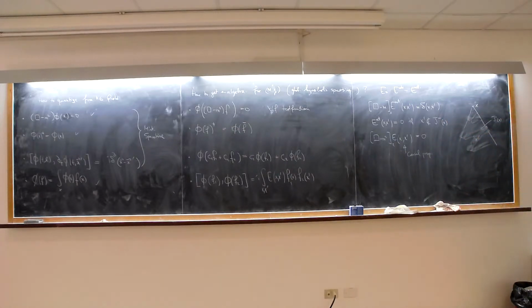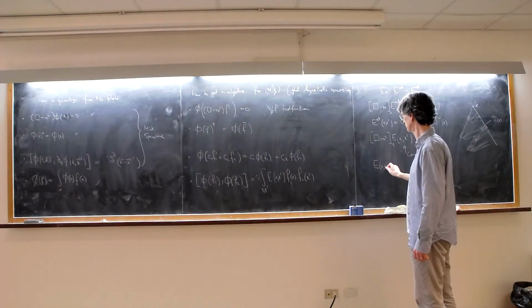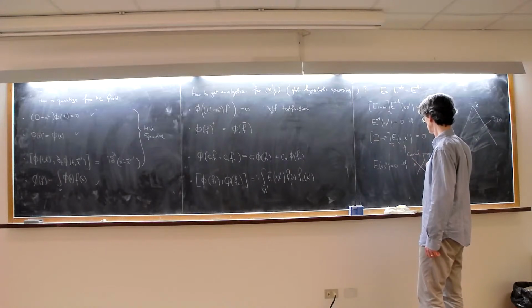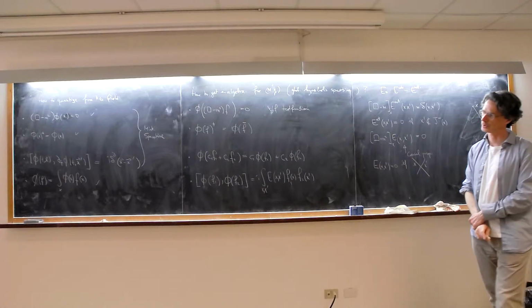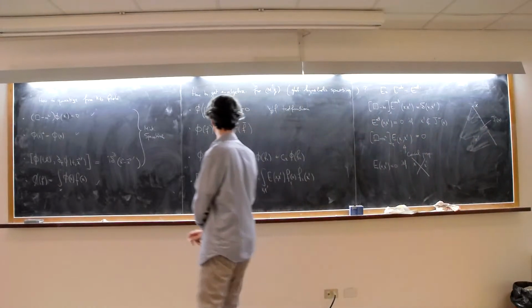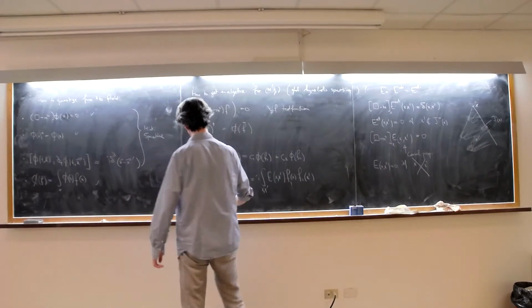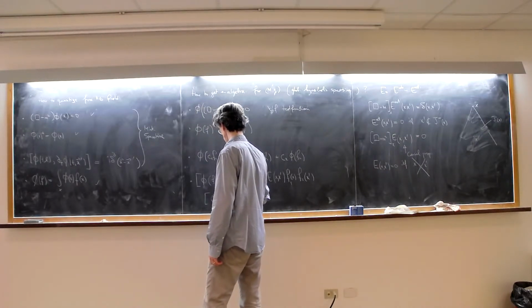Now, one thing about the causal propagator is that E of x, x prime is 0 if x is space-like to x prime, and that simply follows because in such a case, the advanced and retarded propagators are 0 separately. So it's only non-zero if one point is in the causal shadow of the other. And so this gives you Einstein causality. I'm writing it in this kind of informal distribution way.